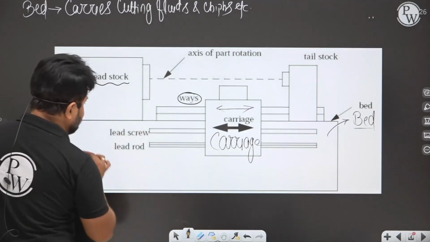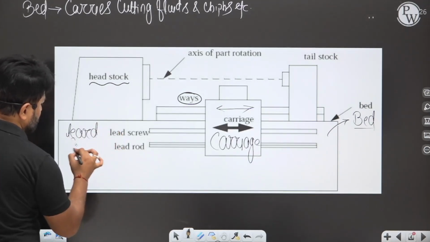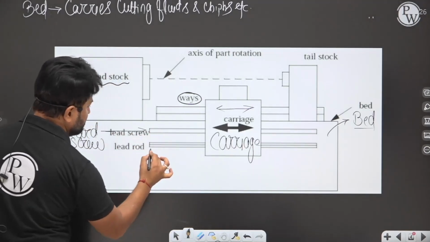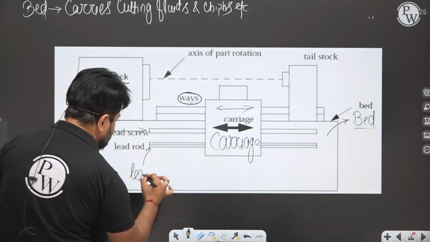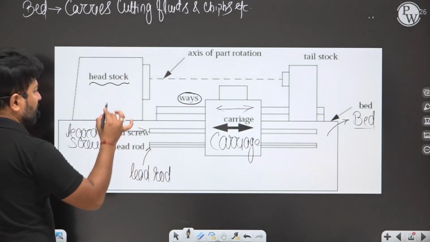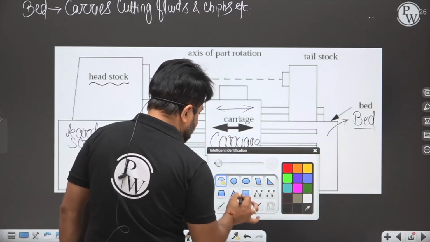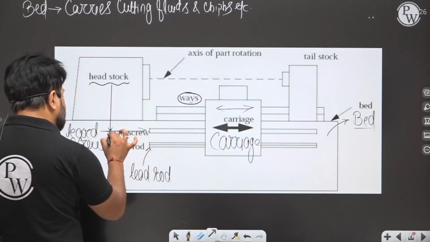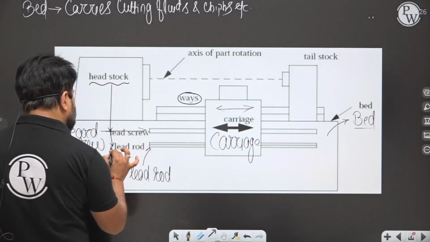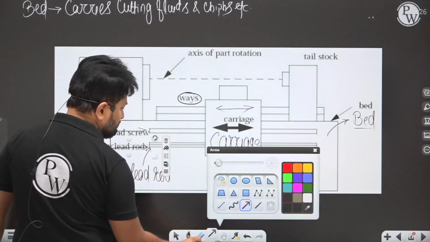Here you can see there is a lead screw. Are you able to see? This is the lead screw, and this is the lead rod. Here we supply the power from the headstock to the lead screw.